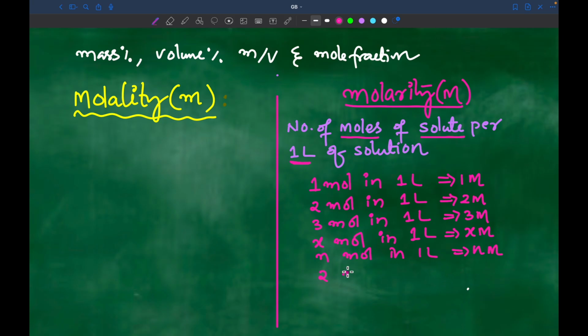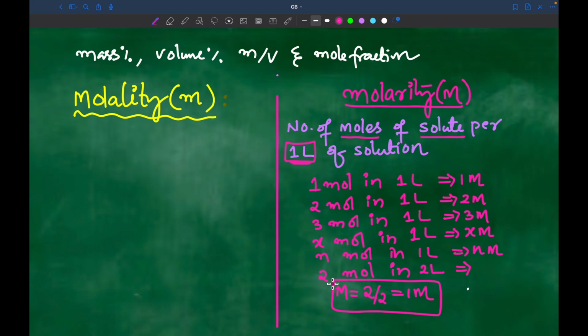What if 2 moles are present in 2 liters? You have to calculate per 1 liter every time. So here molarity is 2 by 2, which equals 1 molar.